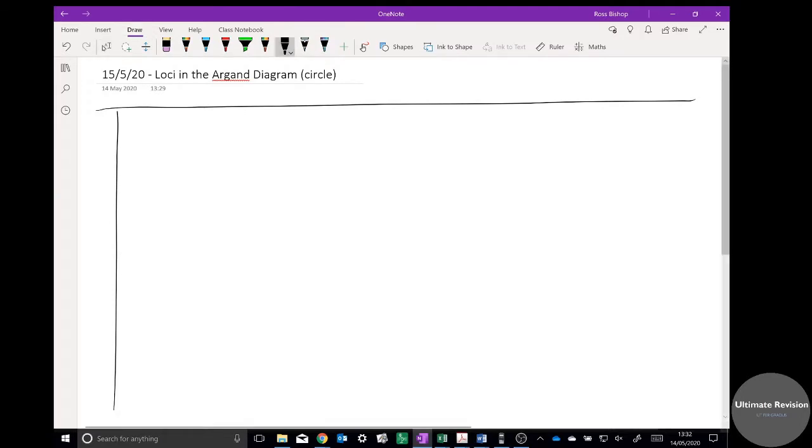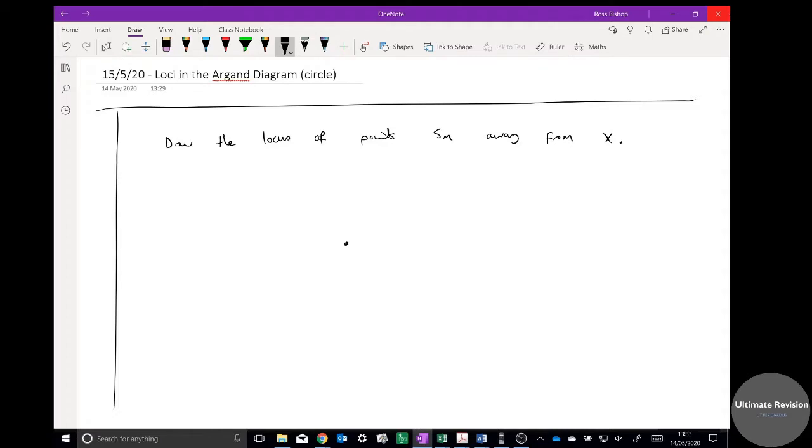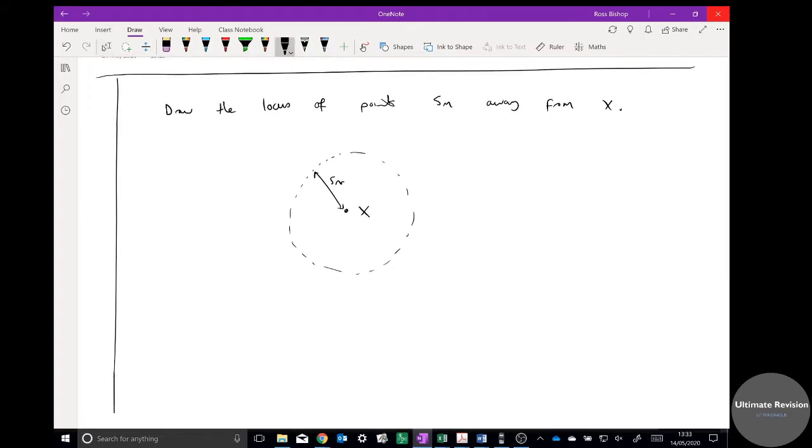What I mean by this is, if I had the example, draw a locus of points 5 meters away from X, and let's say I put X there, the locus of all the possible points 5 meters away would form, hopefully you'd agree, a circle of radius 5 meters. So the locus of points is described as that circle.